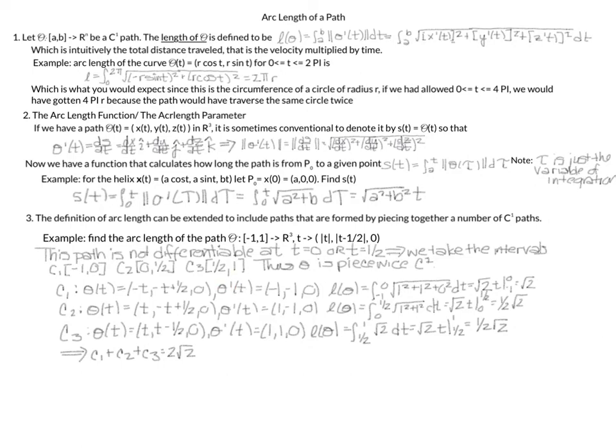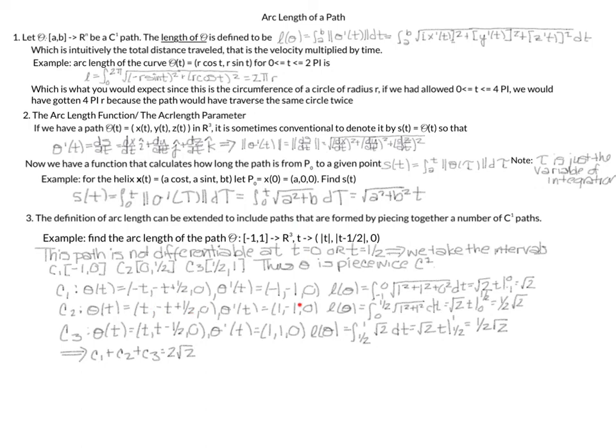I can calculate my derivative here, and then I can do my integral between -1 and 0 and get square root of 2. In my interval C2 between 0 and 1/2, now my absolute value of t is just equal to t. My t minus 1/2, though, is still minus t plus 1/2 because of the absolute value. And then we have 0.